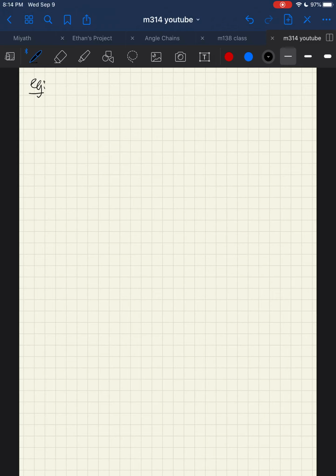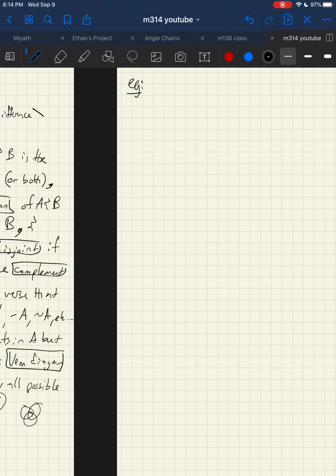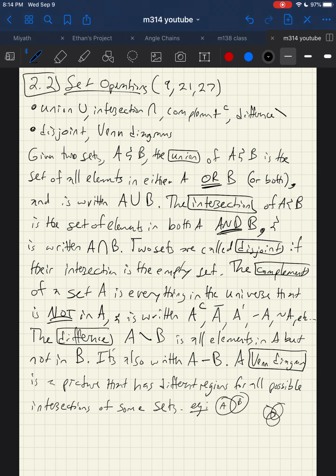Let's quickly do some hands-on examples with the basic operations, which are going to be union, intersection, and complement. I might also do a set minus. There's also symmetric difference, which is kind of like an XOR, and that's all the things in either but not both. Also, we should notice difference is not symmetric.